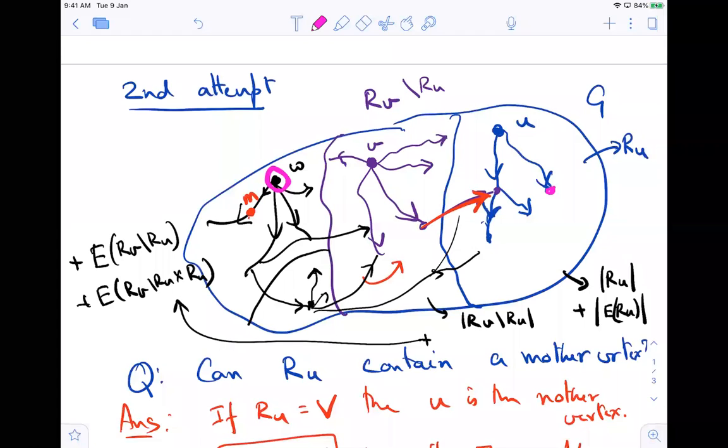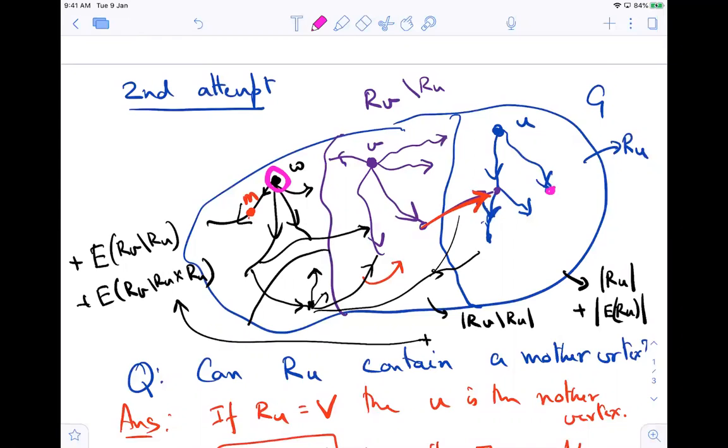It is still not clear that it is the mother vertex, but I have only one candidate, and if a mother vertex exists, then this has to be it. Maybe there are other mother vertices, that is not the question. But if any mother vertex exists, then this is a mother vertex. So you start and do a DFS from that vertex, and you get it.